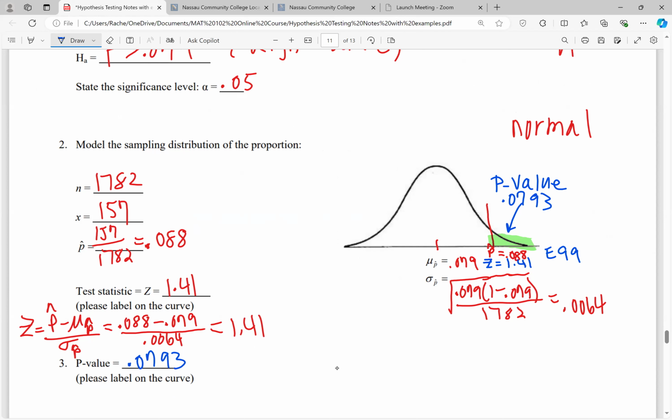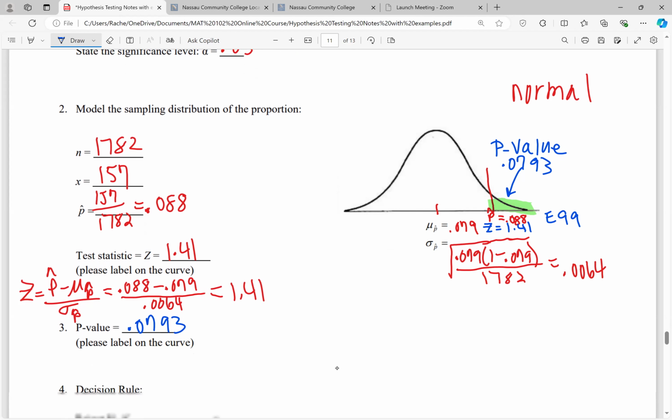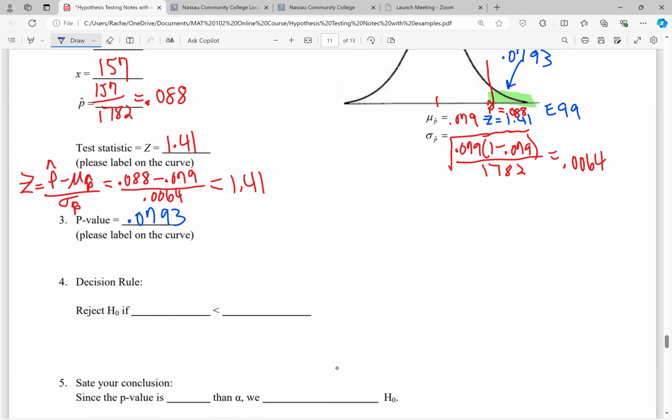Remember, we always hope for a really small p-value so we can reject the null. But in order to reject the null hypothesis, it has to be lower than the significance level alpha, and it didn't come in quite low enough. So what's my decision rule? We only reject the null hypothesis if the p-value is less than alpha.